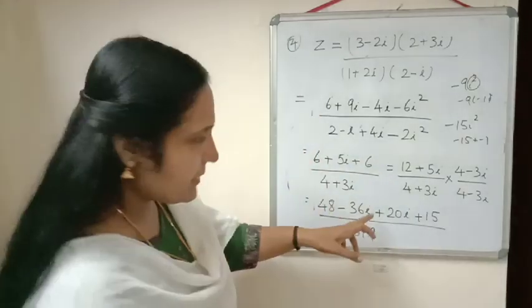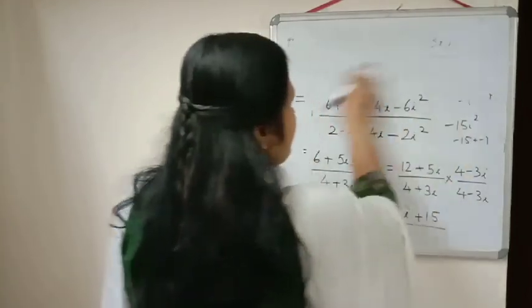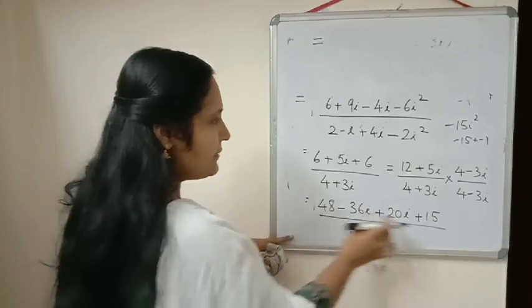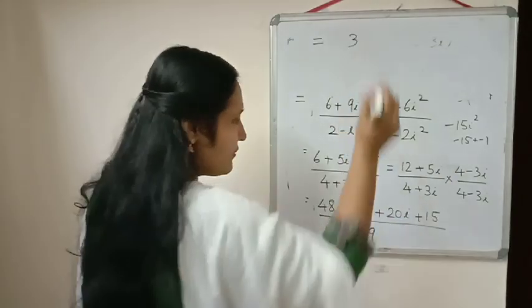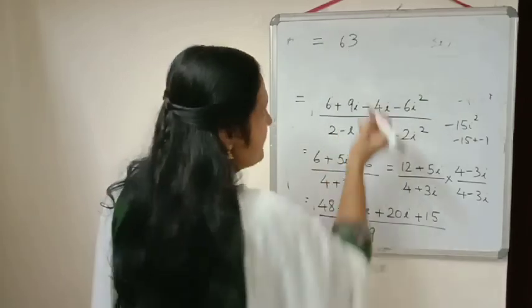Now 48 plus 15 we can add. It will be equal to, yes, 48 plus 15: 8 plus 5, 13, carry over 1, 4 plus 1, 5 plus 1, 6, 63.